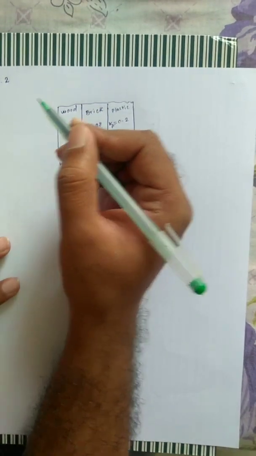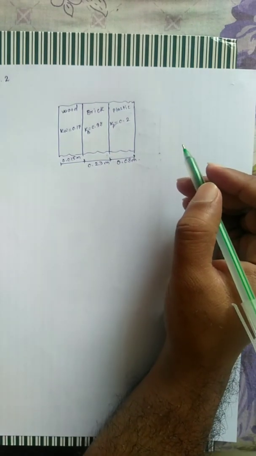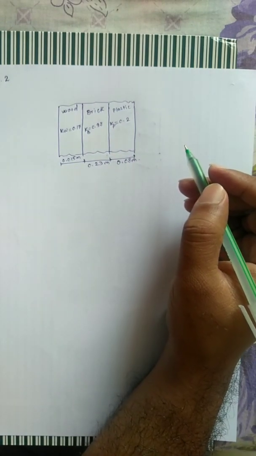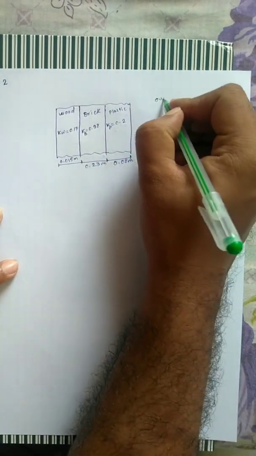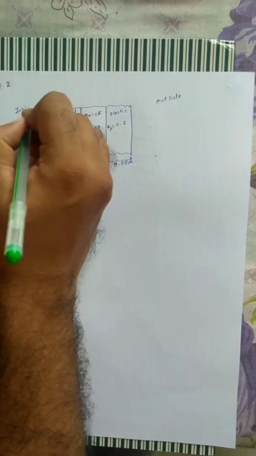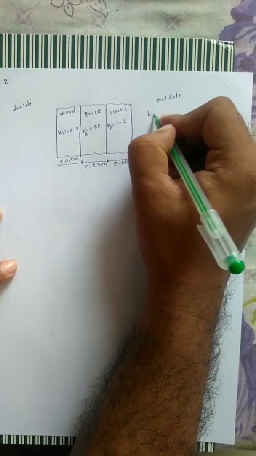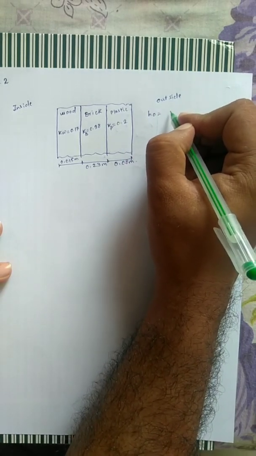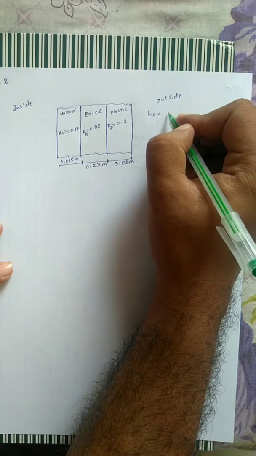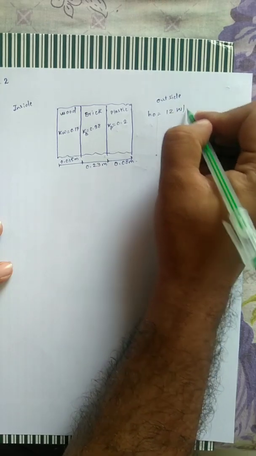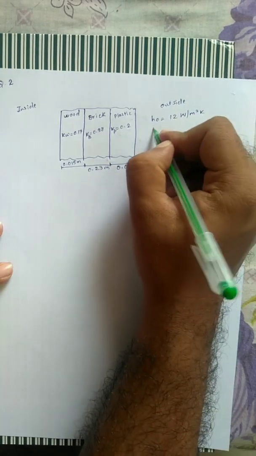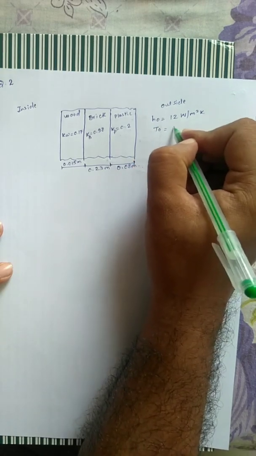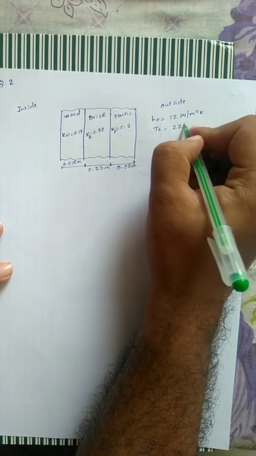Further, the outside and inside convection heat transfer coefficient and temperature are given. So we will consider this to be the outside and this to be the inside. Outside HO has been given as 12 watt per meter square Kelvin, and temperature of outside they have given 22 degrees centigrade.